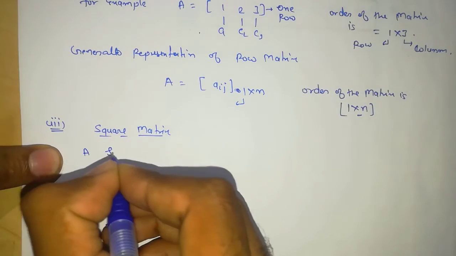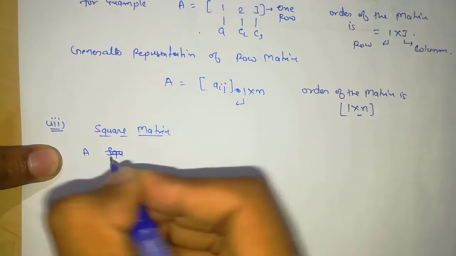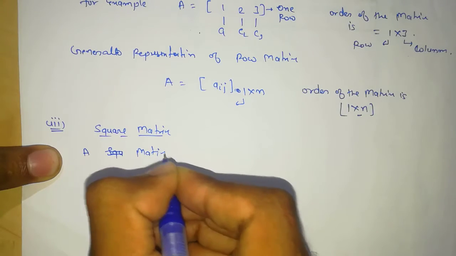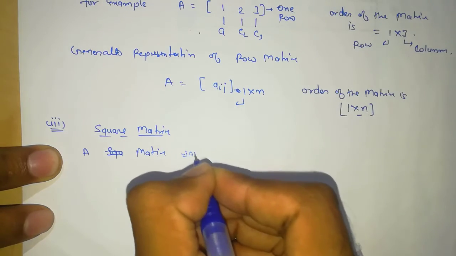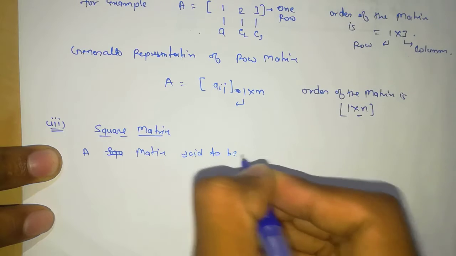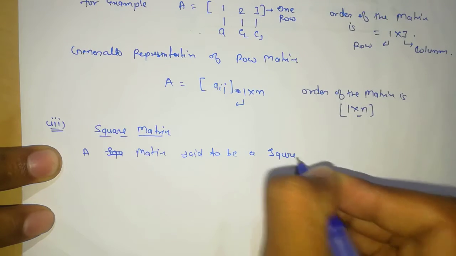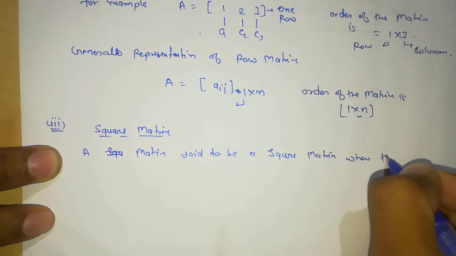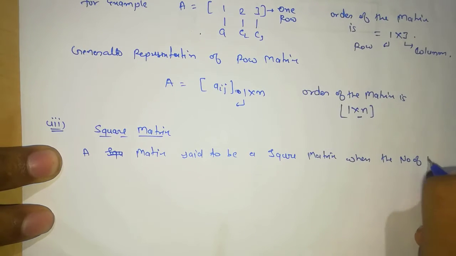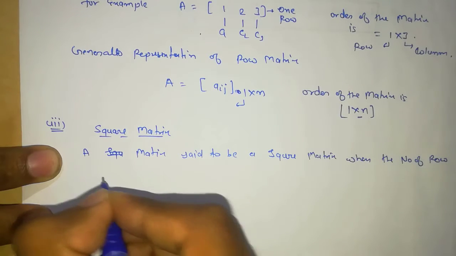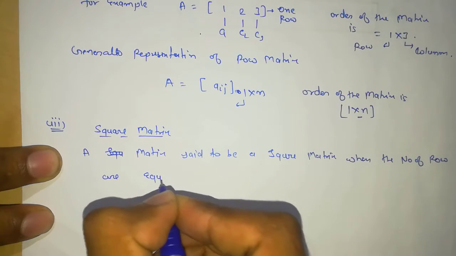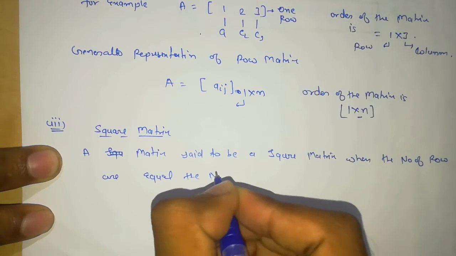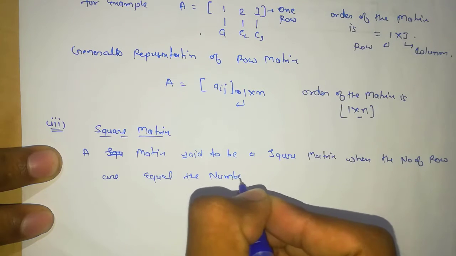A matrix is said to be a square matrix when the number of rows is equal to the number of columns.